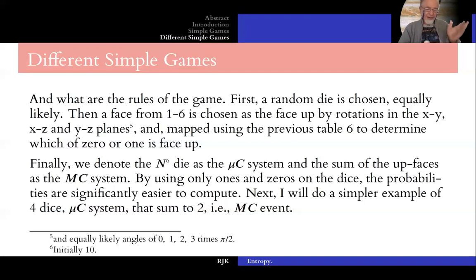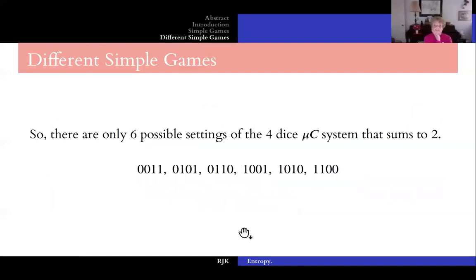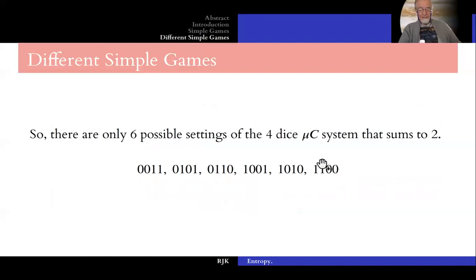Okay. And right now I'm starting with 10 of these things. I'm going to go back and, just to make it easier to do some of the computations, I'm going to show a simpler case, but we'll eventually go to 10 and 100 and so on. So if we had only 4 dice and we were looking to find out which sum to 2, these would be the possibilities.